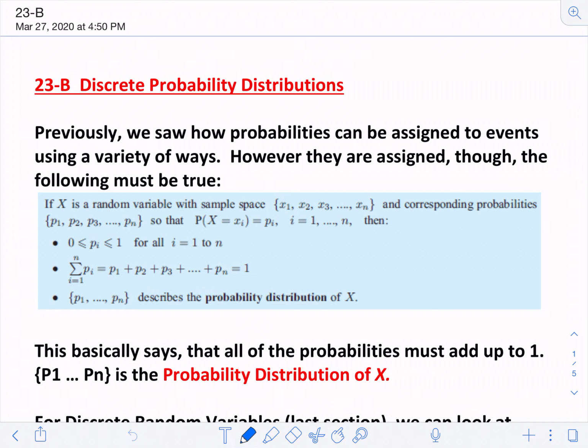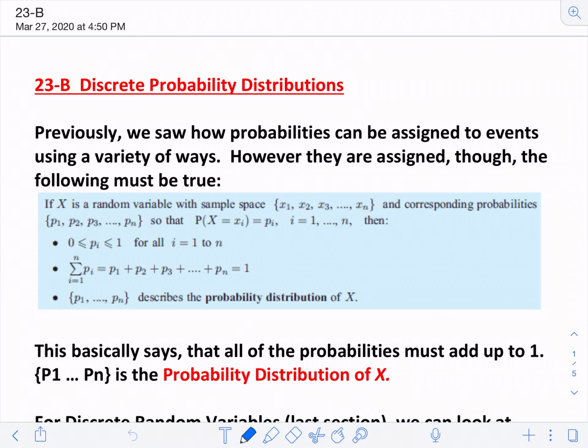So we've seen before how we could assign different probabilities to different events. However, whenever we do probabilities, the stuff right here in the blue box has to be true, and it says a lot here, and I'll sum it up in plain English in a second.